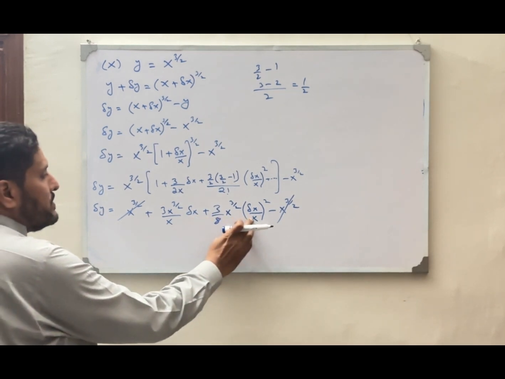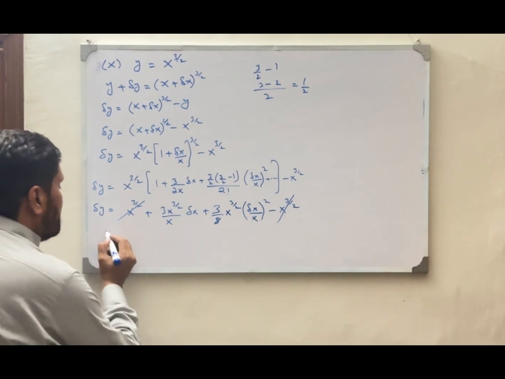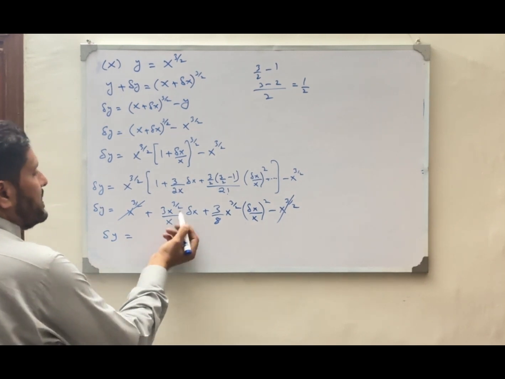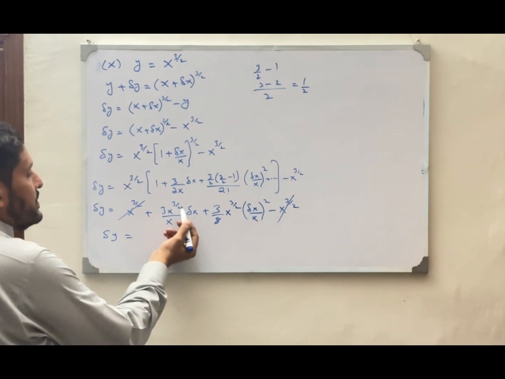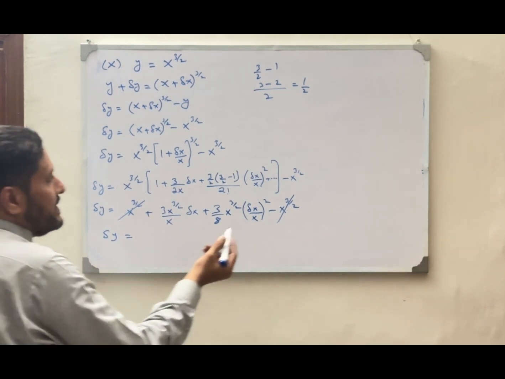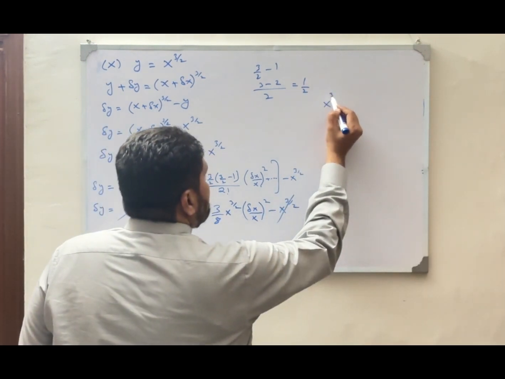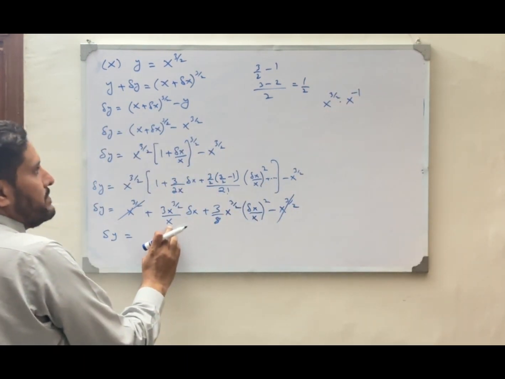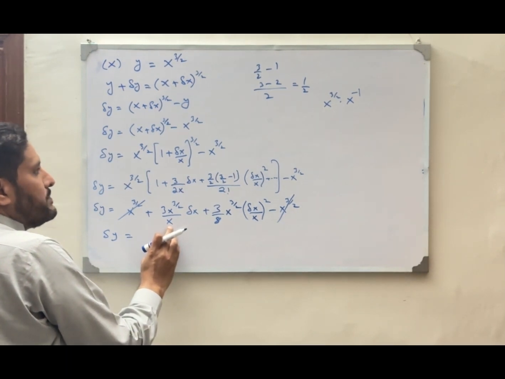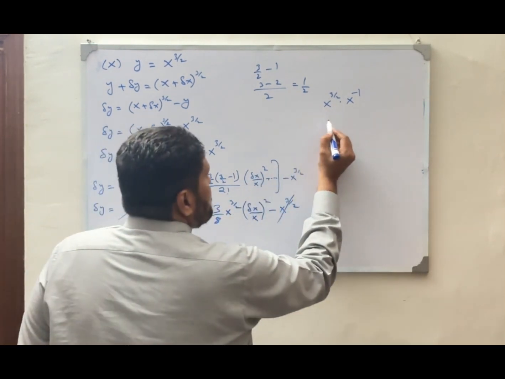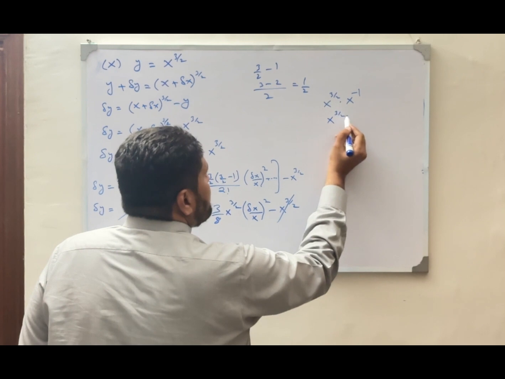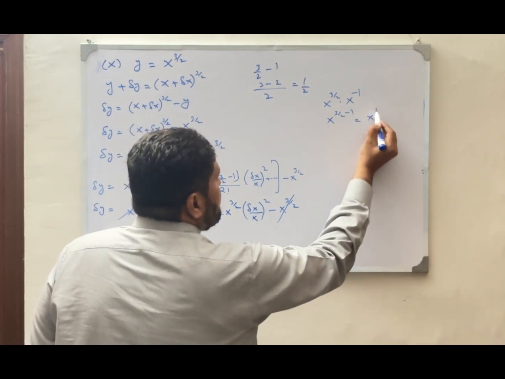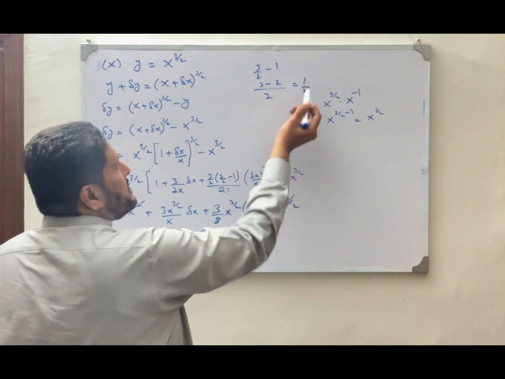Now in these two terms we have to take delta x common. So delta y is equal to, if we take x in the numerator, that will become x power 3 by 2 into x power minus 1. When this x is taken in the numerator, its power will become minus 1. So the whole power will become x power 3 by 2 minus 1, that is equal to x power 1 by 2, as 3 by 2 minus 1 is equal to 1 by 2.